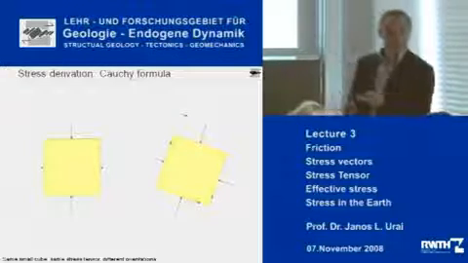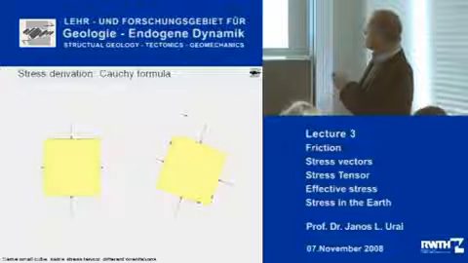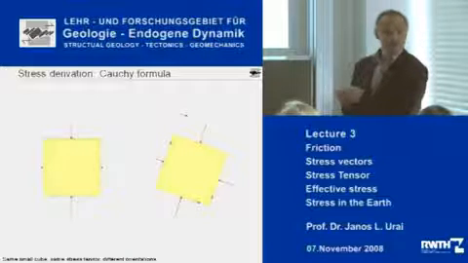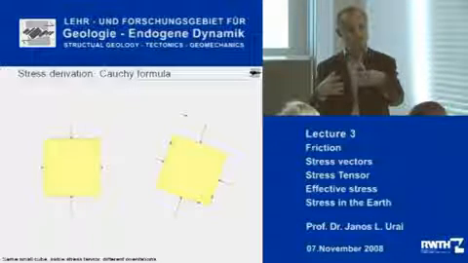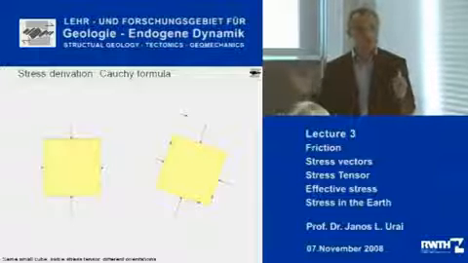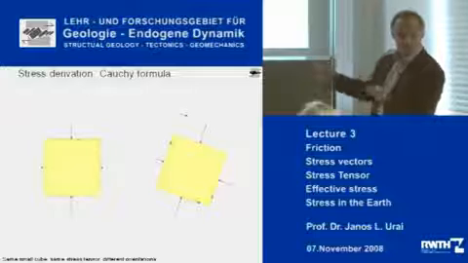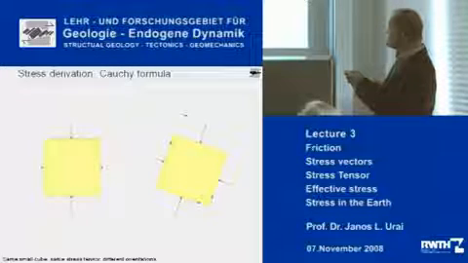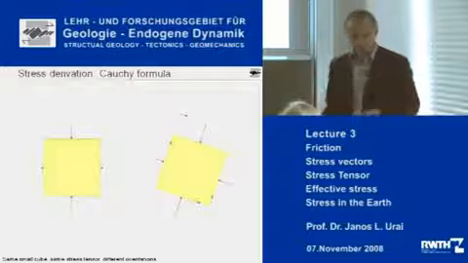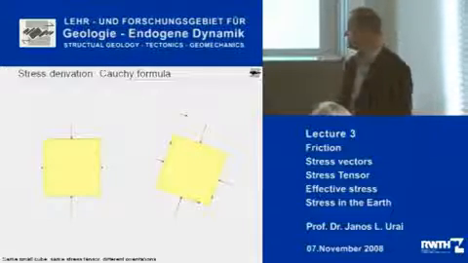I can also define the same cube in a little bit different orientation where there are normal stresses and shear stresses on each of its faces, and it is still in equilibrium. So I just ask you to imagine a situation like this. The cube is in equilibrium, it doesn't start to spin, it doesn't fly away, and all these stresses keep it in equilibrium. That is the starting point of the derivation.